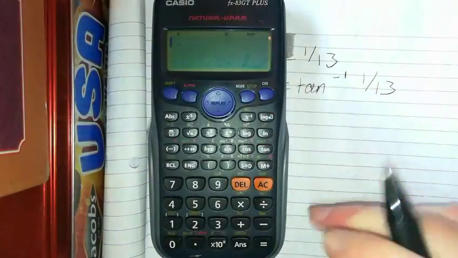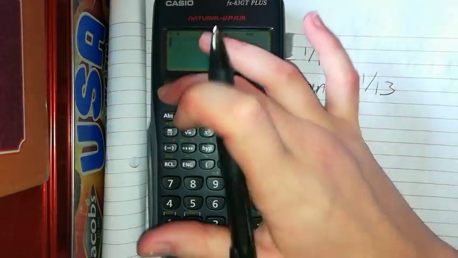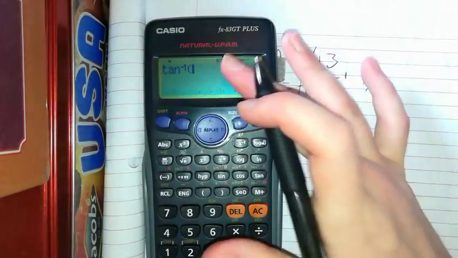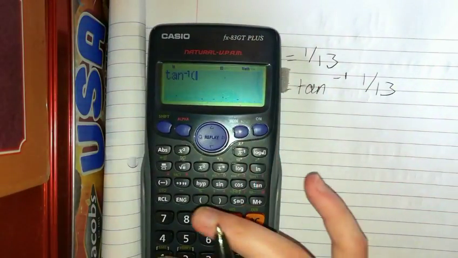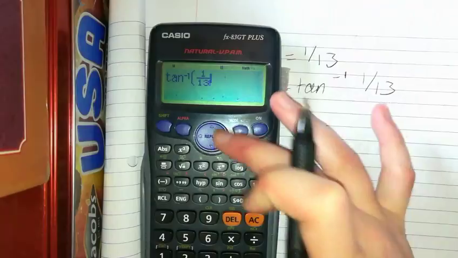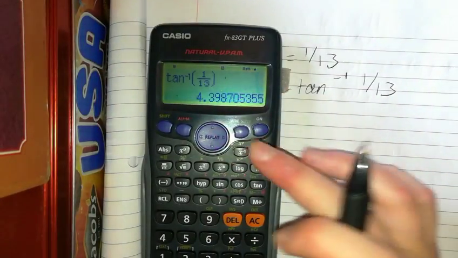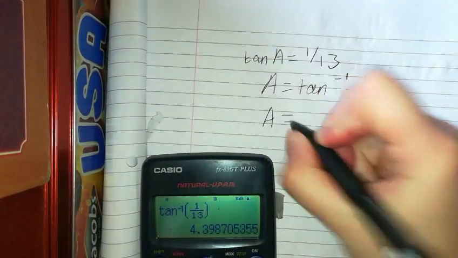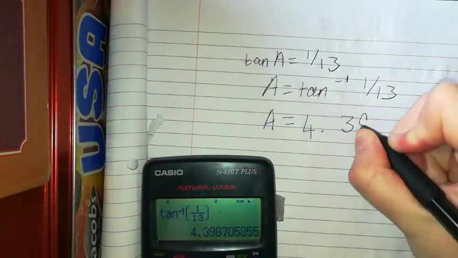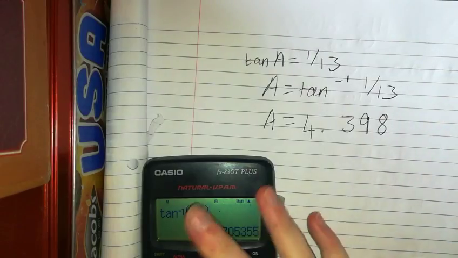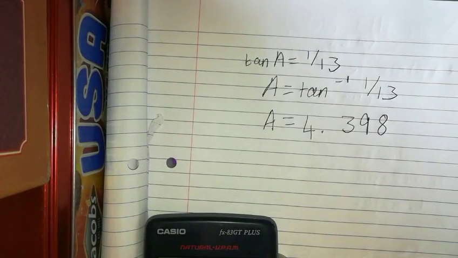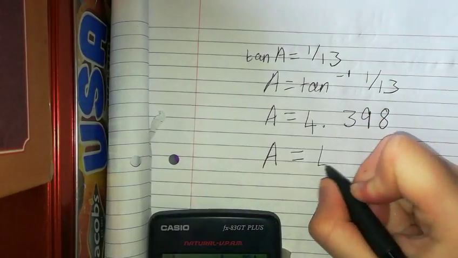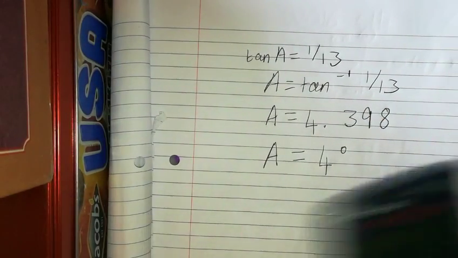To get the inverse, we press Shift and then tan, which has a minus 1 at the end, then 1 over 13, and close the bracket. We get 4.398, so A is equal to 4.398. They say give your answer correct to the nearest degree, so A would be equal to 4 degrees.